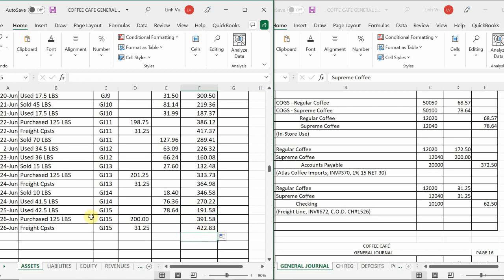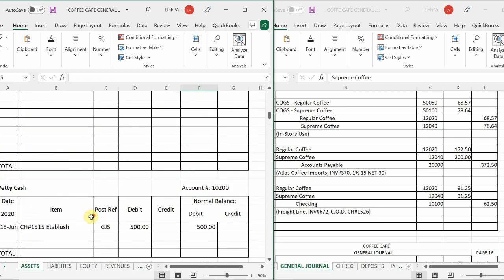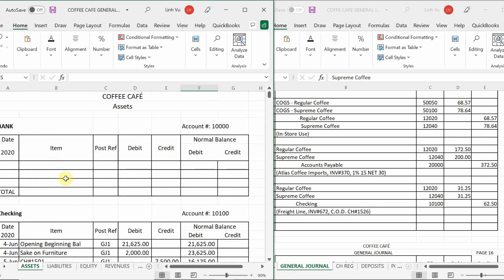And since we're already on the assets, I'm just going to go ahead and write my check out.